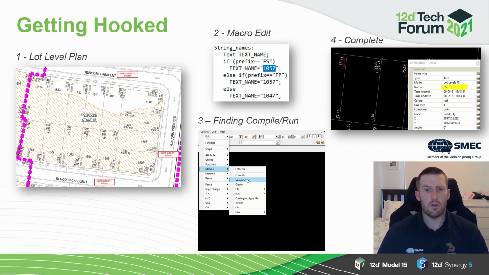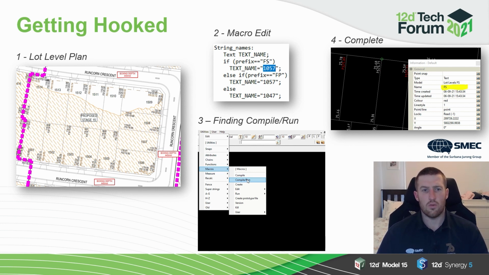And funnily enough, the bit I wanted to edit was right at the top, the string names and the text name. So I made the quick change, changed the numbers to the letters that I wanted, went back into 12D, found that compile and run command that you can see there, and sure enough, that was it.